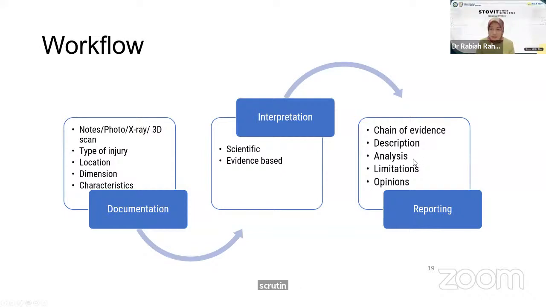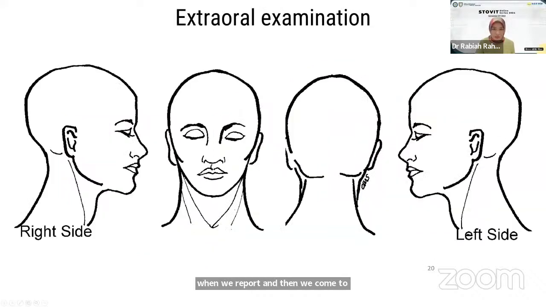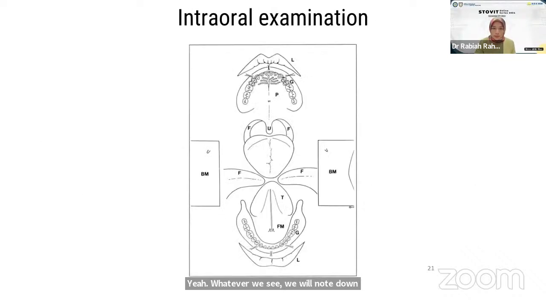We describe, we analyze, we also present our limitations when we report, and then we come to our conclusion. We do extraoral examination thoroughly. Whatever we see, we will note down. We do intraoral examinations thoroughly, not only teeth, we also look at the gums and the palate.